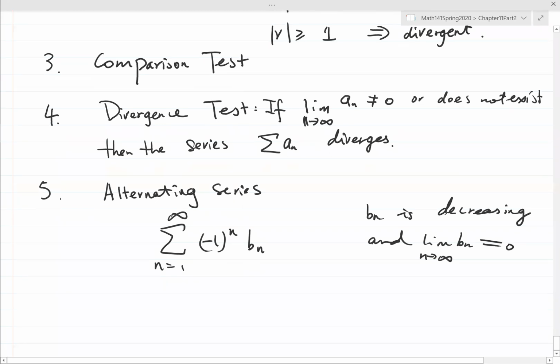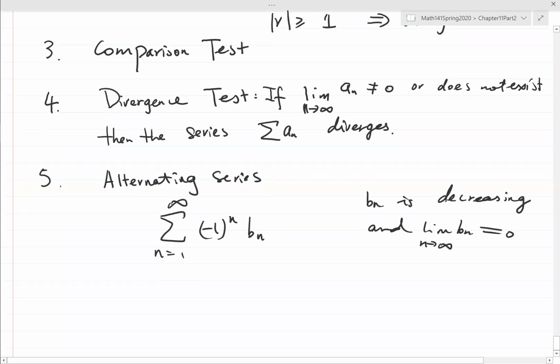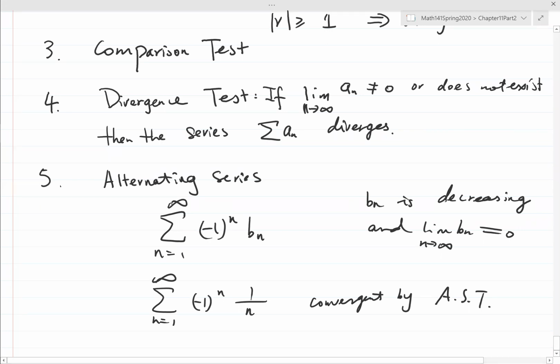If these two conditions hold, then we can apply the alternating series test to conclude that the series converges. For example, -1 to the power n, 1 over n, the alternating sum of the reciprocals of integers, is convergent by the alternating series test. You can check that 1 over n is decreasing and its limit as n approaches infinity is 0.